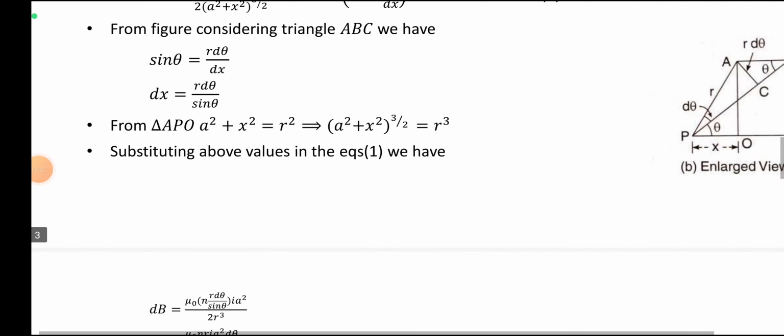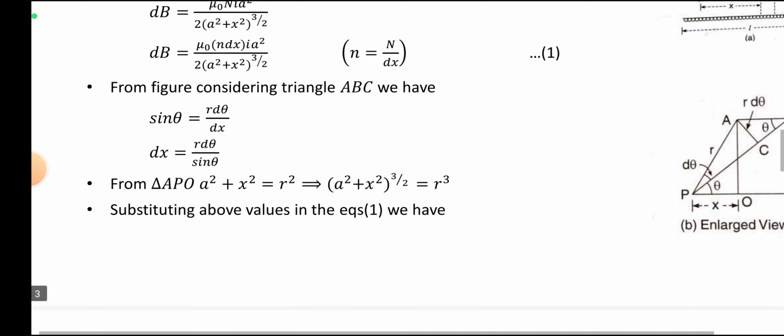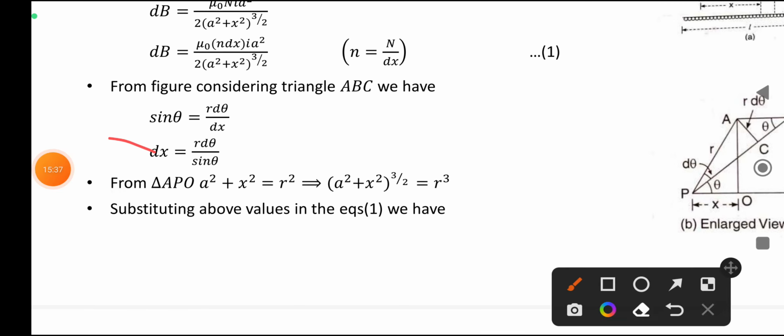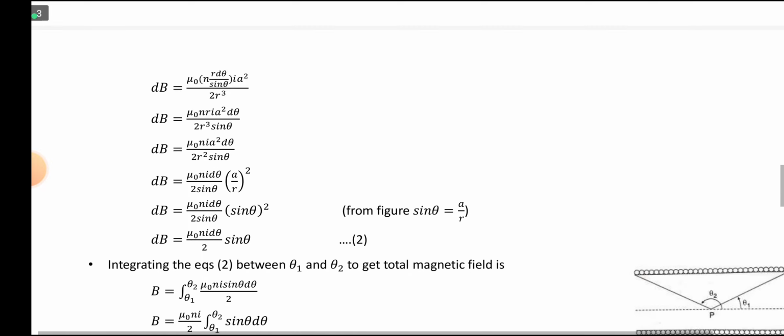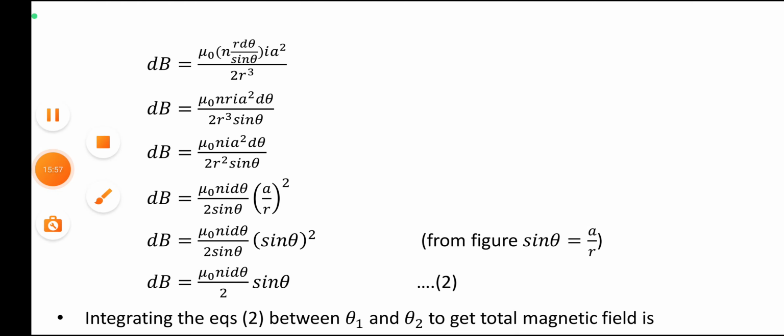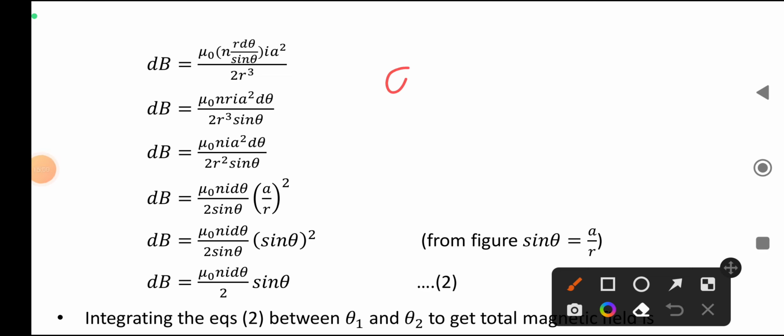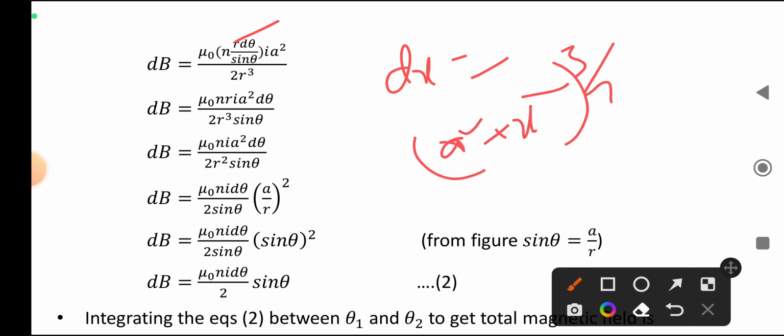Okay. And next, substituting the above values in equation 1. Which values do we have to substitute? The dx value and the r cube value. In the place of dx, we substitute r d theta by sin theta, and in the place of (a square plus x square) power 3 by 2, r cube is substituted in the denominator.